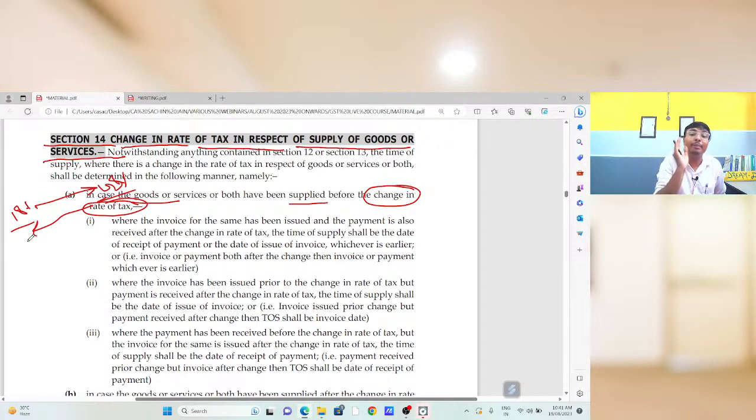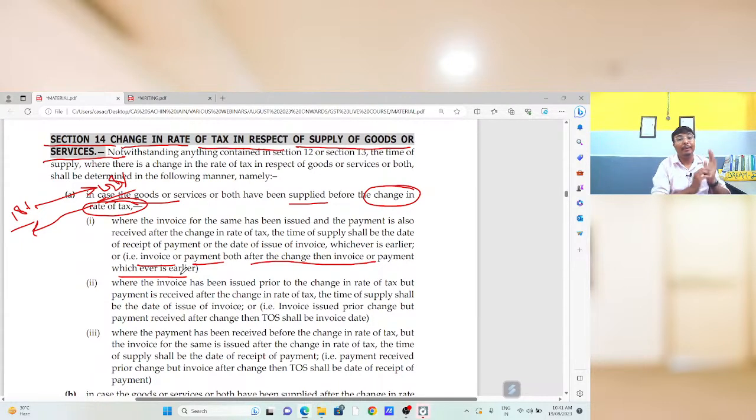In that case, what will be the time of supply? So, when the invoice and payment are both after the change, the date of invoice or payment, whichever is earlier. That means, suppose at the time the GST rate was 18% on that particular product, I had supplied the goods or services.